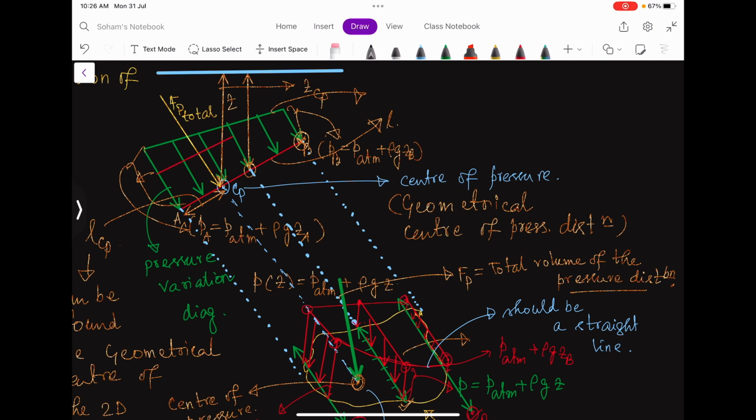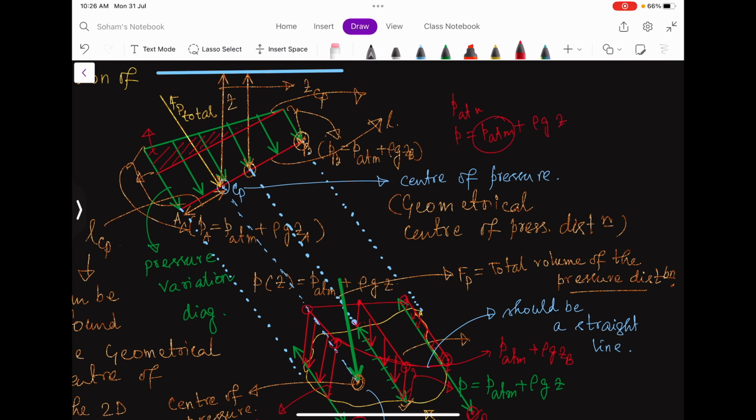This triangular variation is there just because of the hydrostatic case, because the effect of the pressure because of the atmospheric pressure is the same all through the points. So at any point P is equal to PATM plus some rho gz.